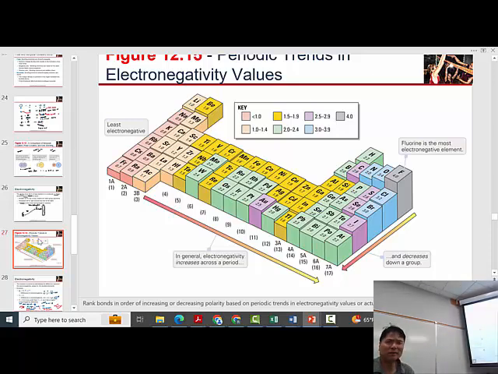Is this the same as boron? It's a little bit higher than boron, but it's a little bit lower than carbon. So hydrogen is kind of in the middle of the periodic table. And it's between boron and carbon. And so this is electronegativity.